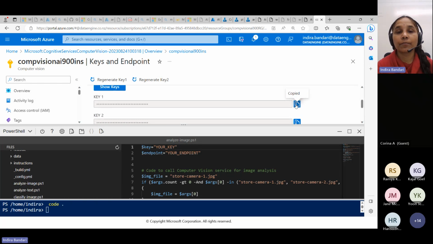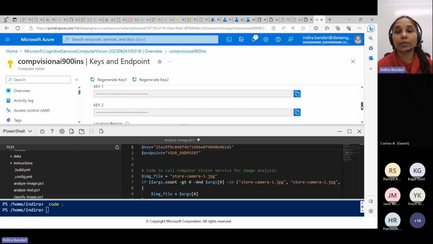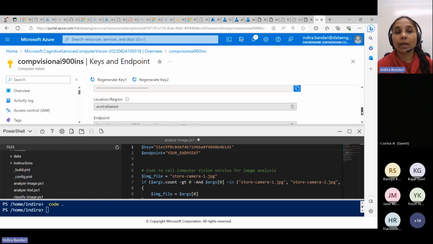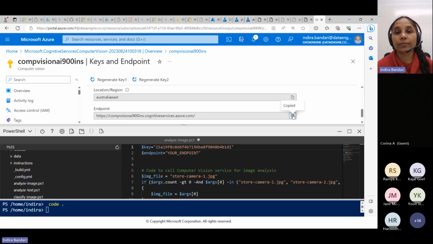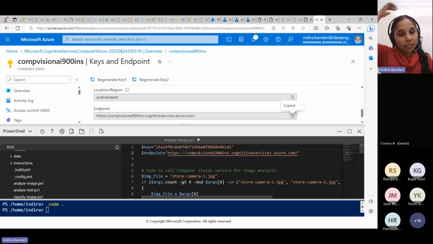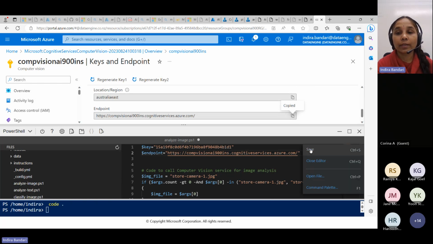My key is here and I will copy that, Control V, and here you need to use Control V, okay? And the endpoint also I will copy and paste it in dollar endpoint. So these are the parameters that we are giving to this PowerShell file. Now we need to save, right? How do we save? Go to the corner and then click on save.